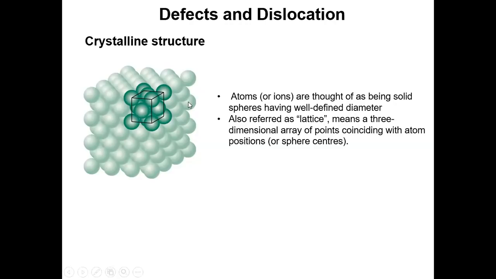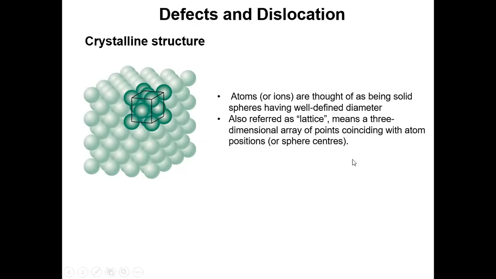So when we try to visualize or explain the crystalline structure of a material, we consider atoms or ions as solid spheres with a well-defined diameter. That means if it is a sphere, it has a constant diameter. Also referred to as a lattice, it means a three-dimensional array of points coinciding with atom positions.